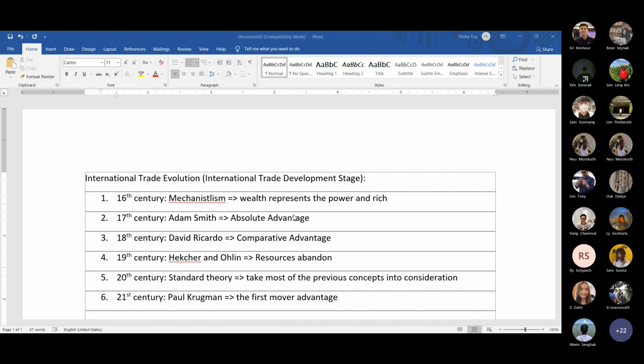So international trade transactions happening also brings us to the topic here, mercantilism.